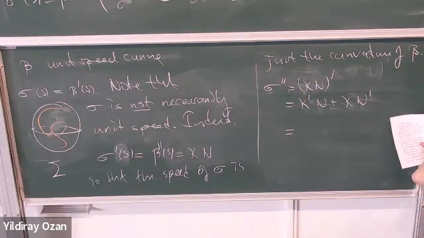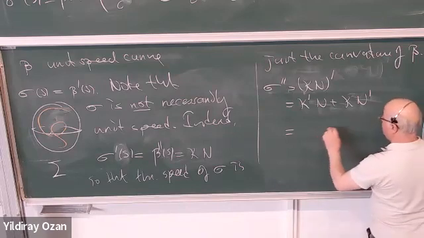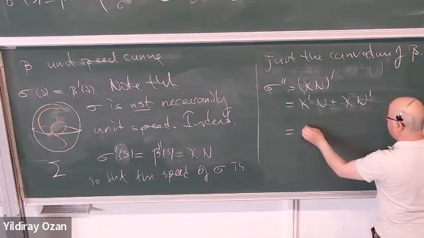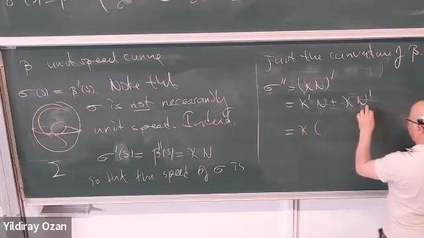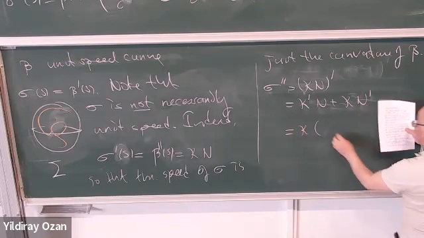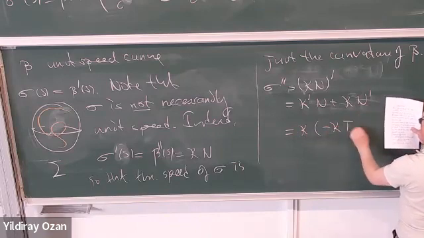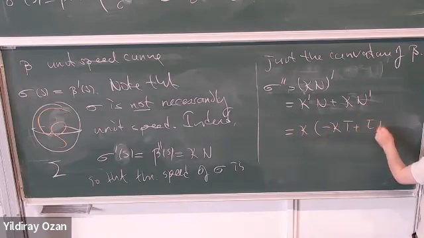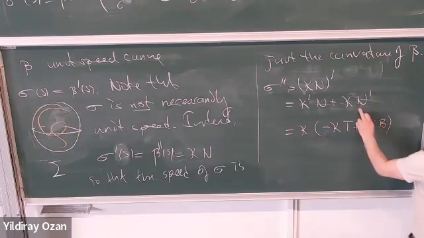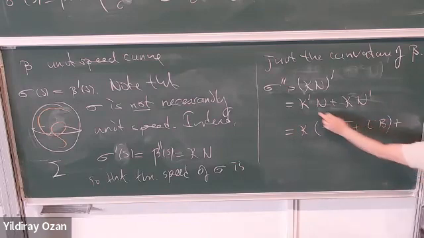Okay, now what is n prime? For n prime I can write this. N prime from the Frenet formulas is minus kappa times t plus tau times b, right? And then I have this term, kappa prime times n.